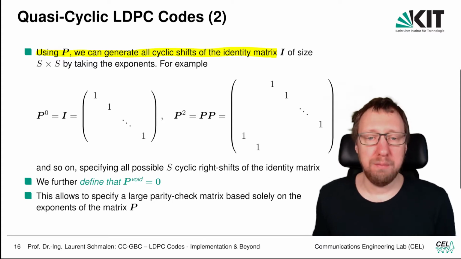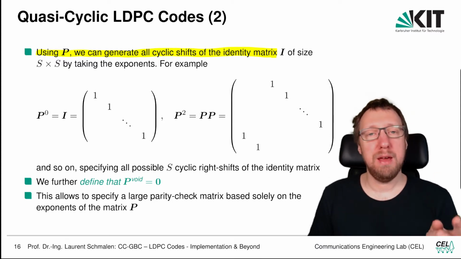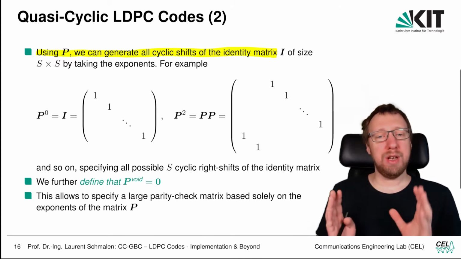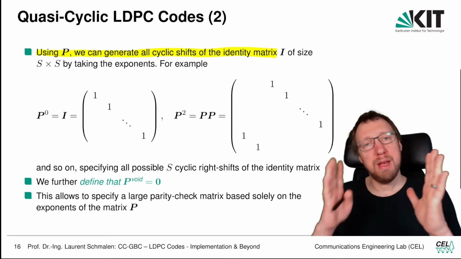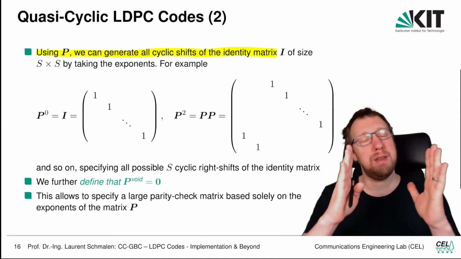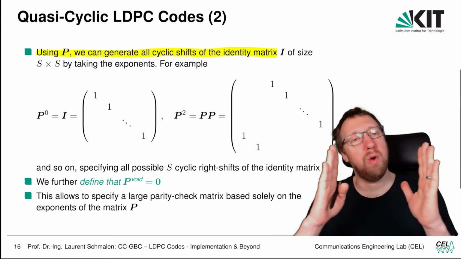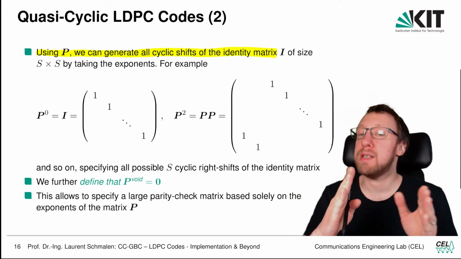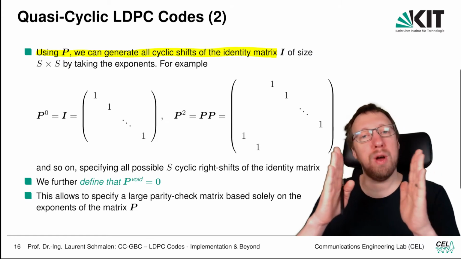If you look at P squared, it's P multiplied by P. Multiplying a matrix by P cyclically shifts it by one additional position.